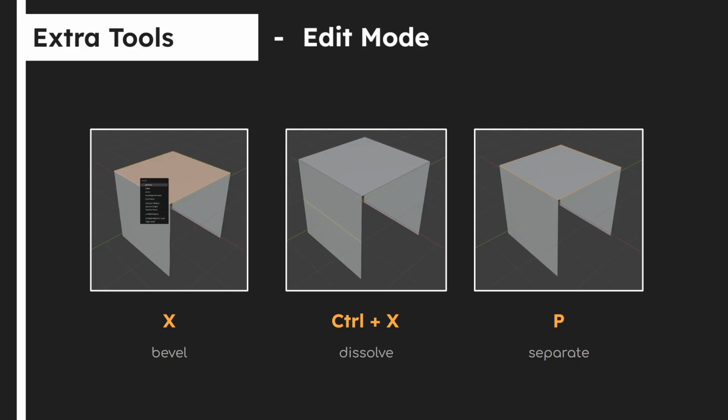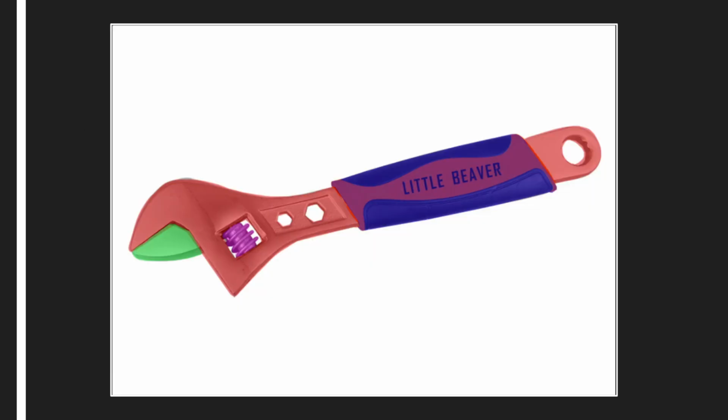And the last one that you're also going to be using a lot is P, to separate. So there are a lot of times when we're modeling that we want to model it as one mesh at the beginning because that makes it super easy to get some kind of silhouette bit right. So if we take this one again for an example, I want this handle to be built off of the structure of that bottom part. So we'll model that one big piece clean through the red bit.